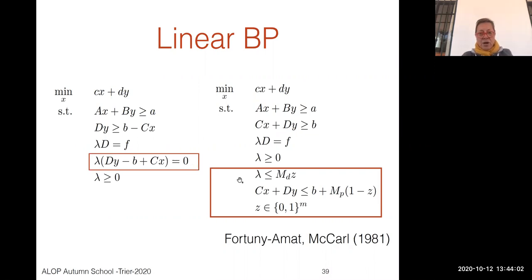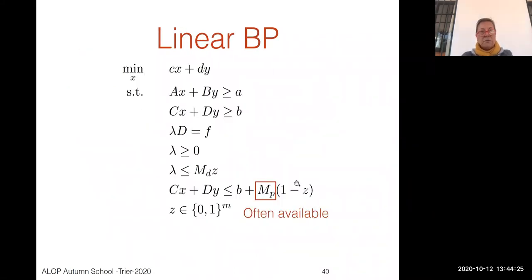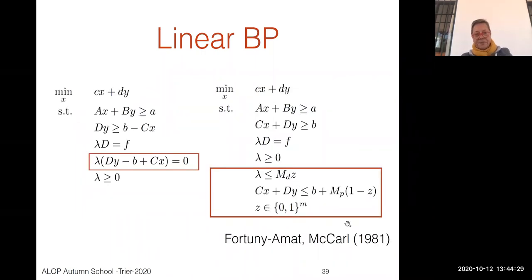Each such disjunction you can model by introducing a variable zi, and zi will be equal to 1 if lambda i must be equal to 0.